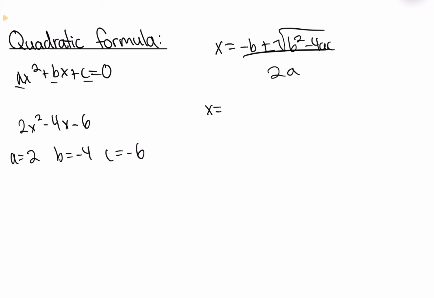Simple plug and switch. So x is equal to negative b, so 4, plus or minus the square root of b squared, 16, minus 4 times a times c, which would be 48, and the negative cancels out the minus sign to become a plus sign, all over 2a, which is 4.